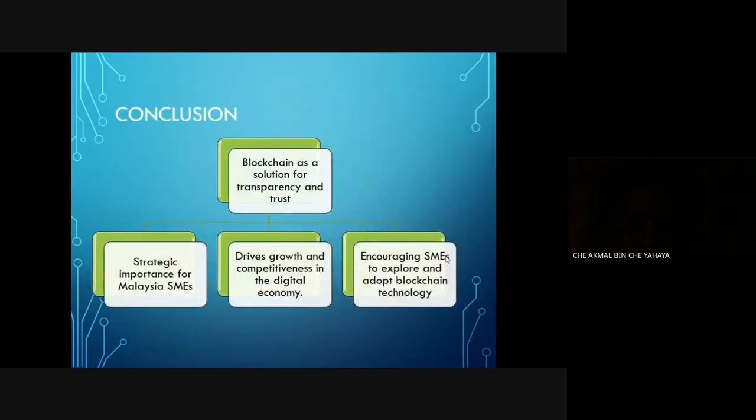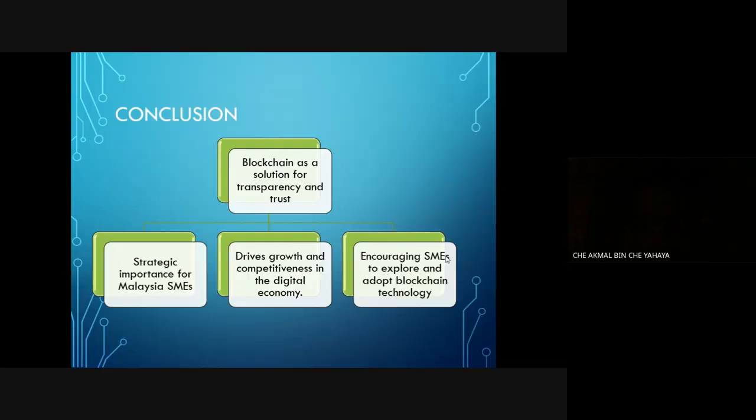Next one is the conclusion. Blockchain as a solution for democracy and trust. The next one, strategic importance for Malaysia SME, means that there can be one strategic way, for example, from the hawker to the supplier to the distributor to the warehouse. So this can be strategically important for SME in Malaysia.